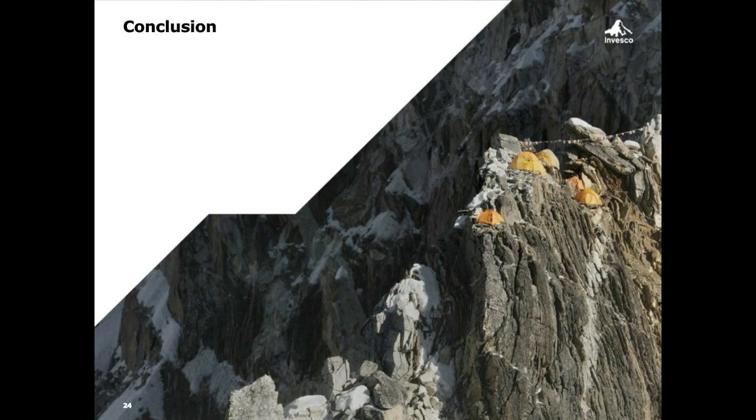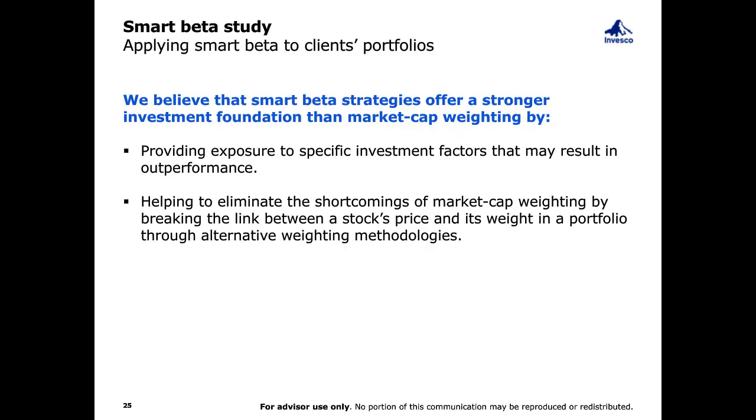So, to conclude the discussion, we believe that smart beta strategies offer a stronger investment foundation than market cap weighting by providing exposure to specific investment factors that may result in outperformance and help to eliminate the shortcomings of market cap weighting by breaking the link between a stock's price and its weight in the portfolio through alternative weighting methodologies.